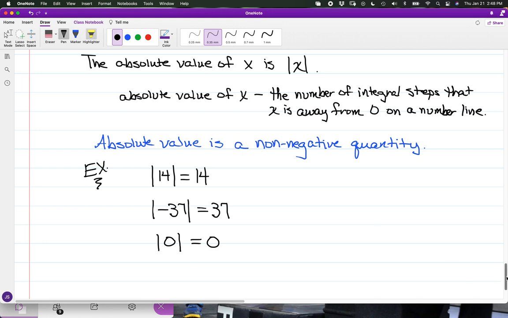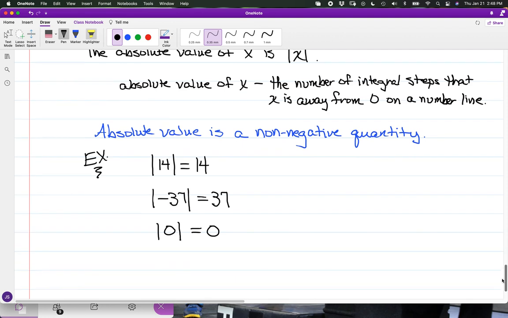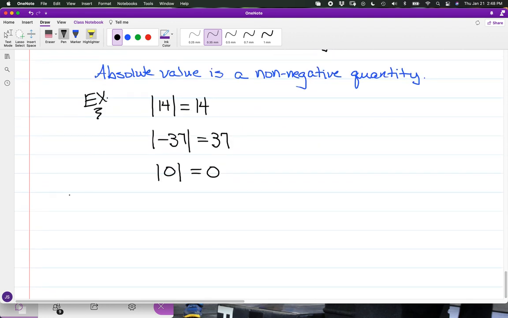Now for what we have regarding absolute value equations, going from absolute value itself to absolute value equations. If k is a non-negative value, that means k is greater than or equal to 0.